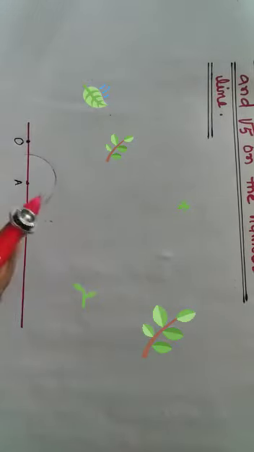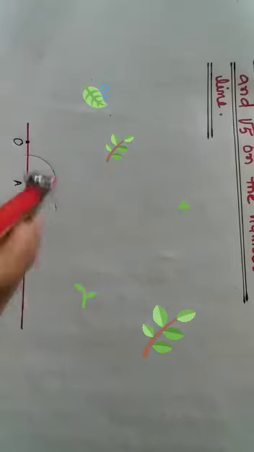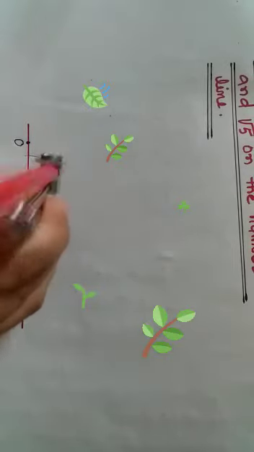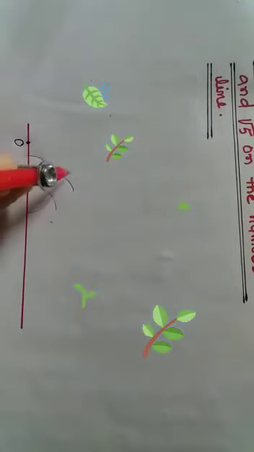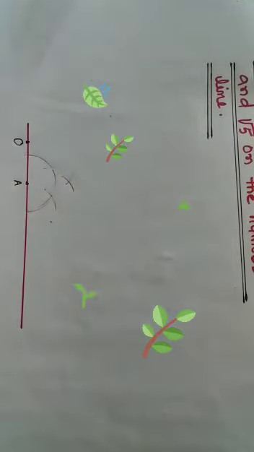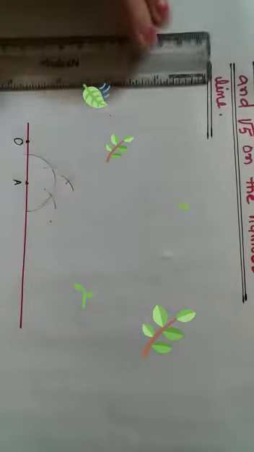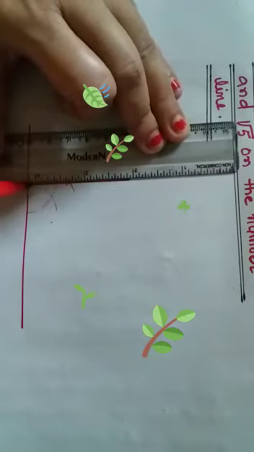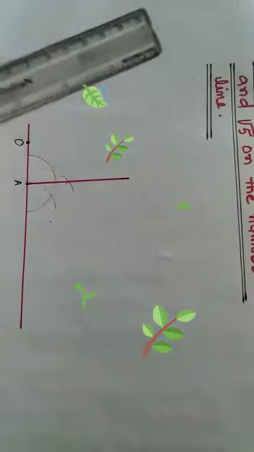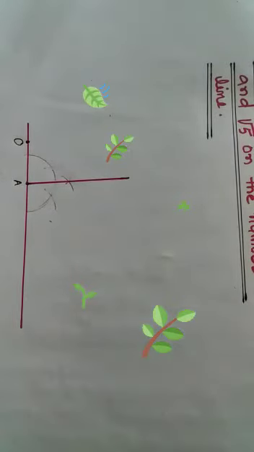We will draw the first arc and second arc, after that we will draw a perpendicular, which we know how to draw. So this AB is perpendicular to OA.